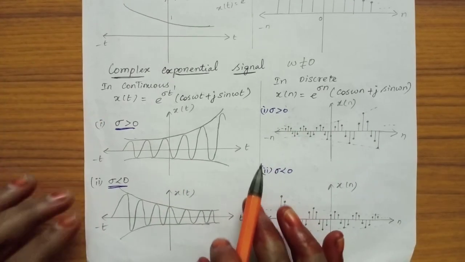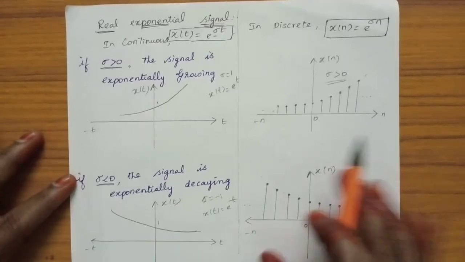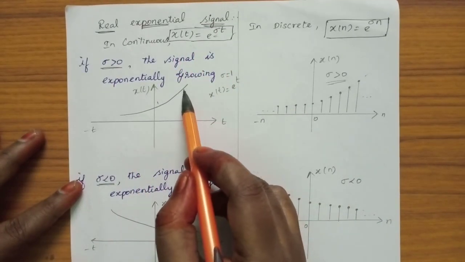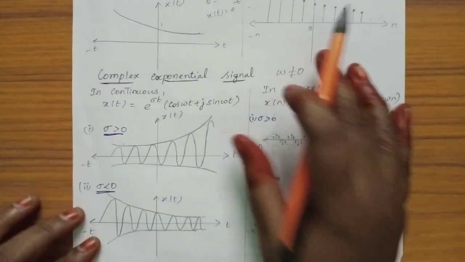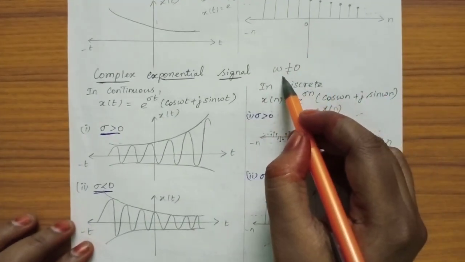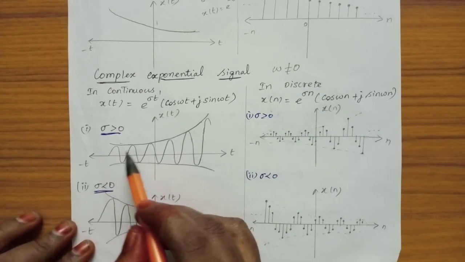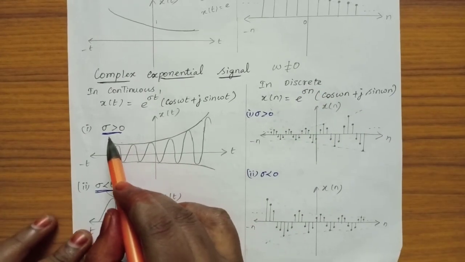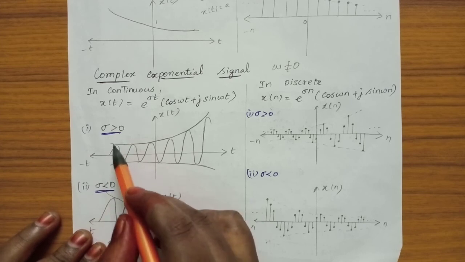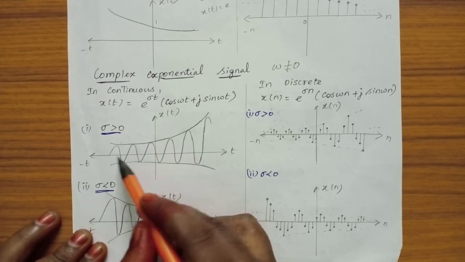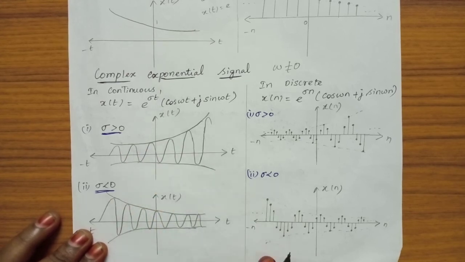That's the only difference. When it is a real exponential signal, we will have only magnitude value. If omega is not equal to 0, that is, it has some frequency omega, it is the same: sigma greater than 0 means growing exponential, and sigma less than 0 means decaying exponential, but the only difference is the frequency omega.